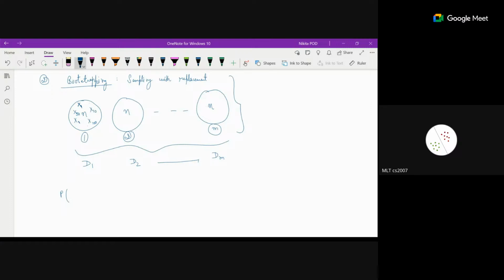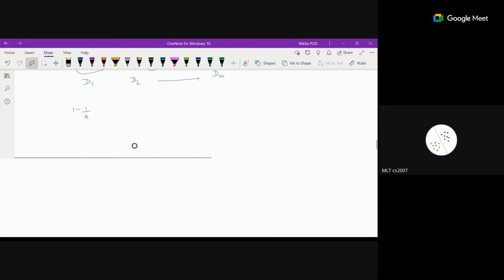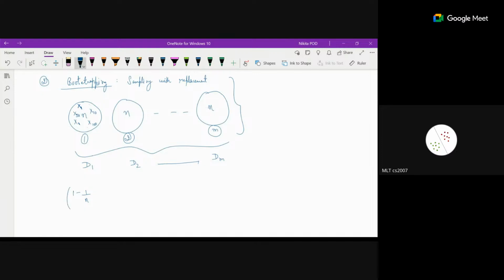The probability that my X30 is not in D1 will be just 1 minus 1 upon n, assuming that you have n data points. This is the probability that a data point is not picked at one draw.